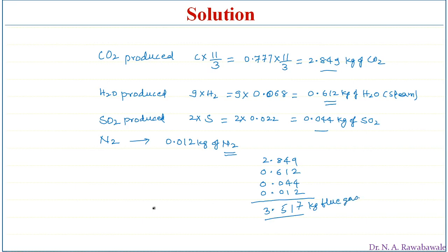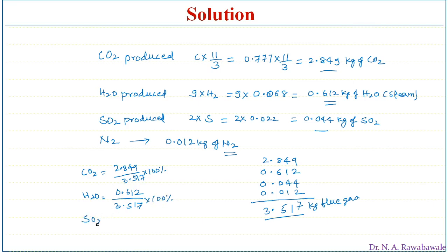On percentage, if we want to find out percentage of carbon dioxide on mass basis, it is obtained as 2.849 divided by 3.517 into 100. Then H2O water produced is 0.612 divided by 3.517 into 100. This is also in percentage.